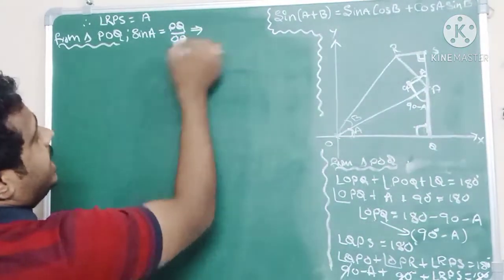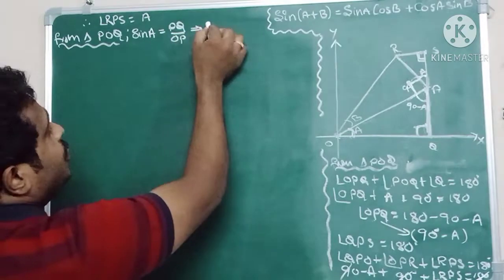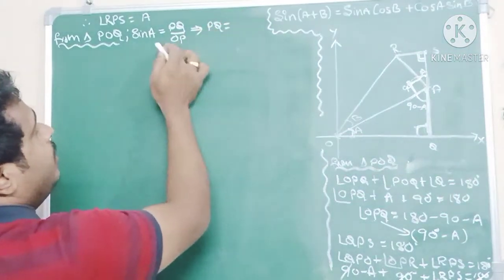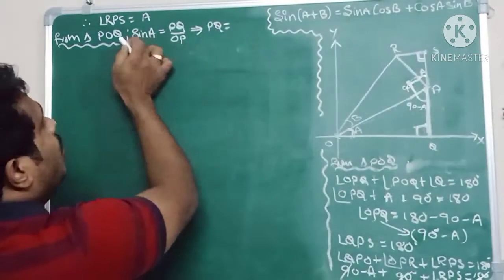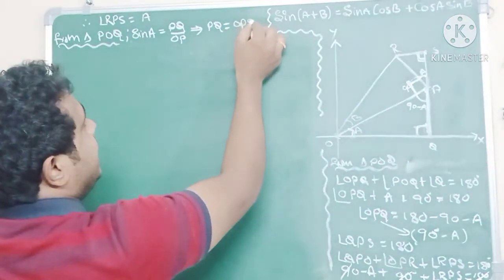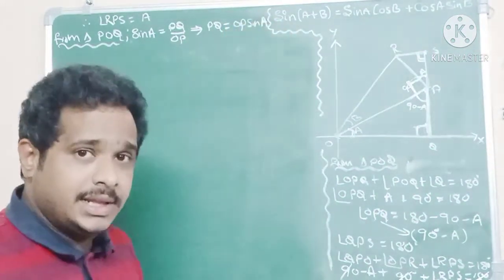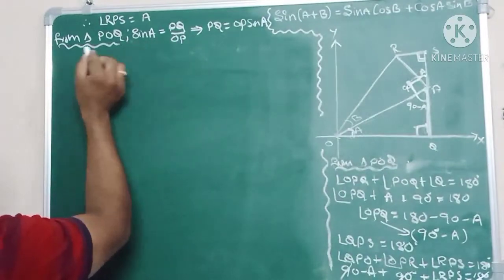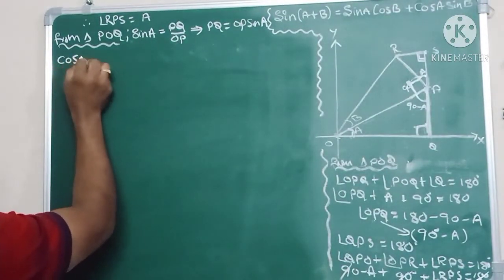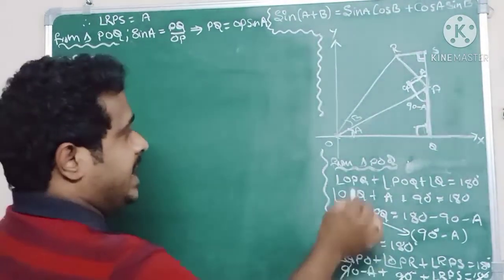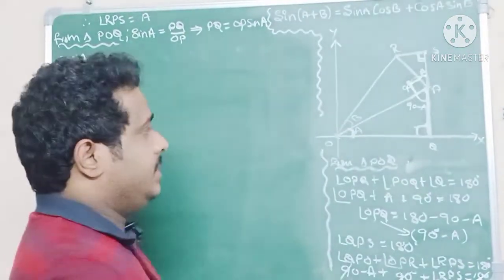That implies, by cross multiplication, the length of PQ is OP sin A. In the same way, find the cos A ratio, where A is acute.